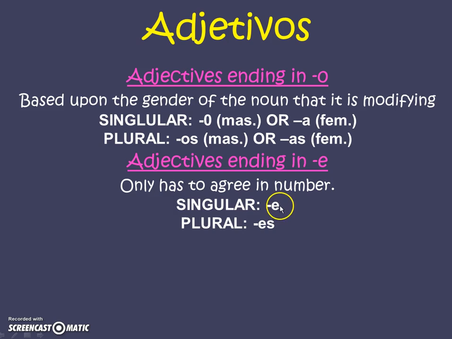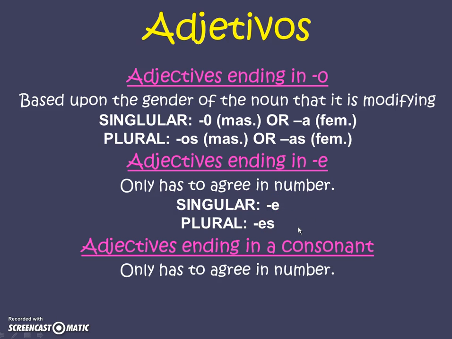So it's just going to change from E to ES, and that makes it plural. And then lastly, adjectives that end in a consonant only have to agree in number. Okay? So if something ends in a consonant, all you have to do is add ES to the end of that adjective to make it plural, to agree with the plural noun.